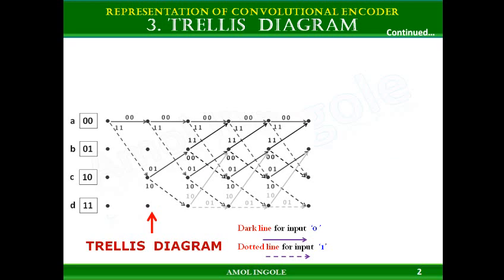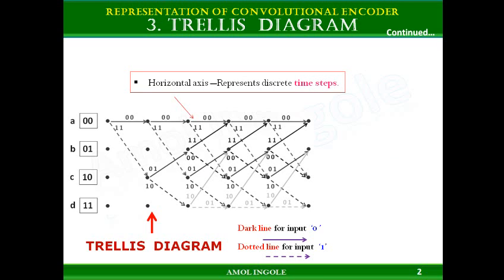This is how your trellis diagram will look. These are the horizontal discrete time steps. You can see this first time step from here to here, second time step from here to here, third and fourth, fifth. So this particular trellis diagram is drawn with 5 time steps. So you can use this to encode or decode an input of 5 bits.